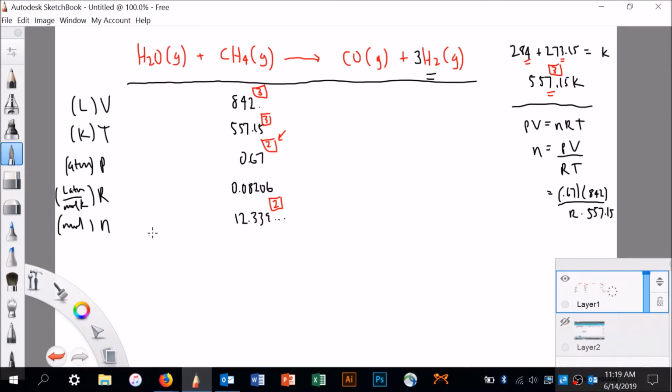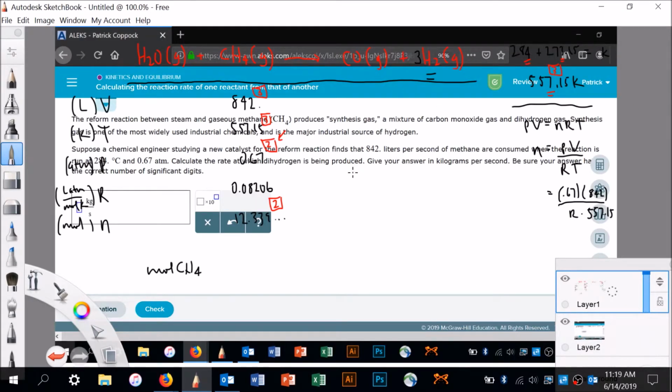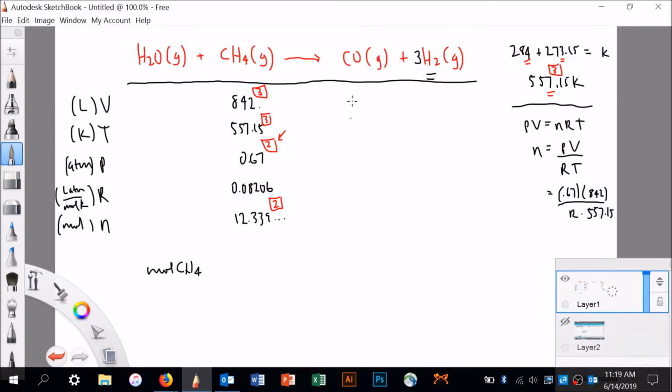And now I'm going to say, aha, okay, if I've got my moles of methane, I'm guessing I'm asking about hydrogen here. Let's go back. Liters per second. Calculate the rate of dihydrogen gas being produced. So what I'm producing is my dihydrogen gas, so I'm going to be converting that to moles of hydrogen.